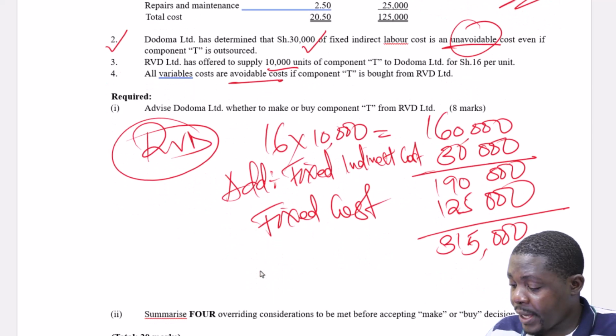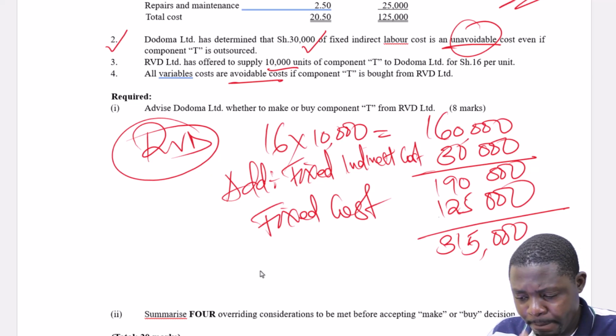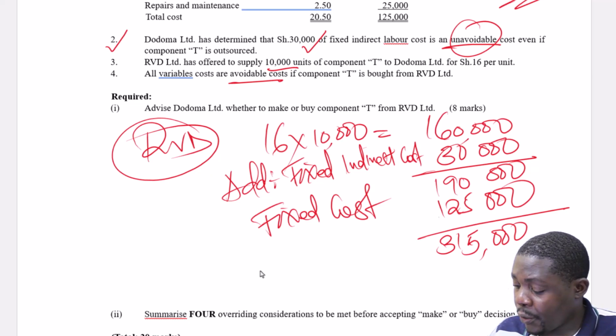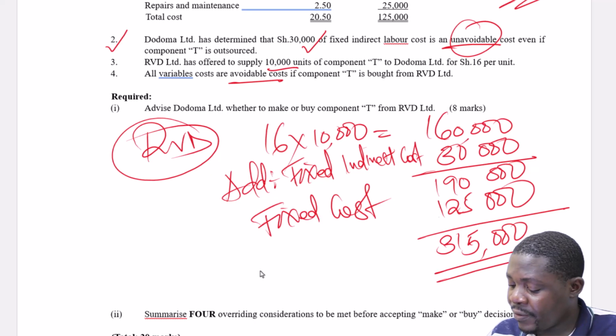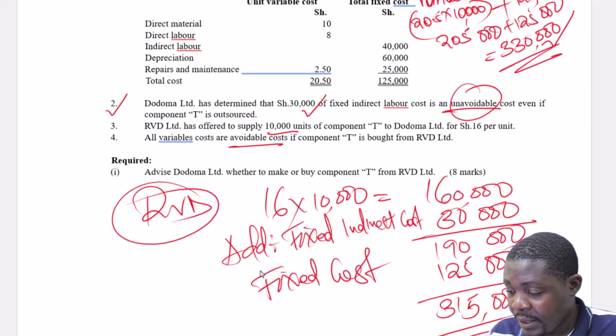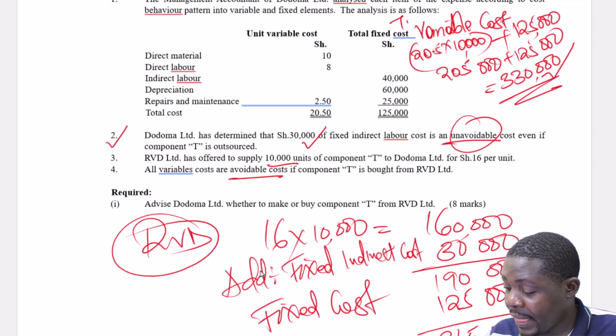Now, if we are going to outsource this particular component from RVD, we are to incur the cost of 315,000, but in the event we manufacture them, we are spending 330,000.